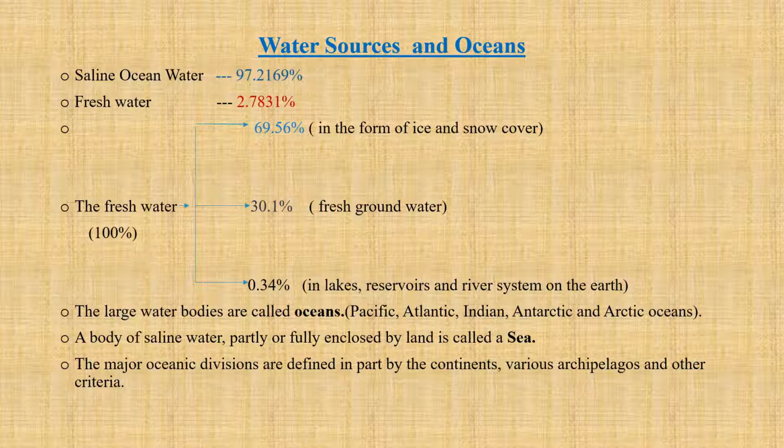Now we discuss water sources and oceans. Of the total amount of water on the earth, approximately 97% is saline ocean water. Only about 3%, that is 2.7831% exactly, is fresh water. If we take total fresh water as 100%, 69.56% of water is in the form of ice and snow cover.